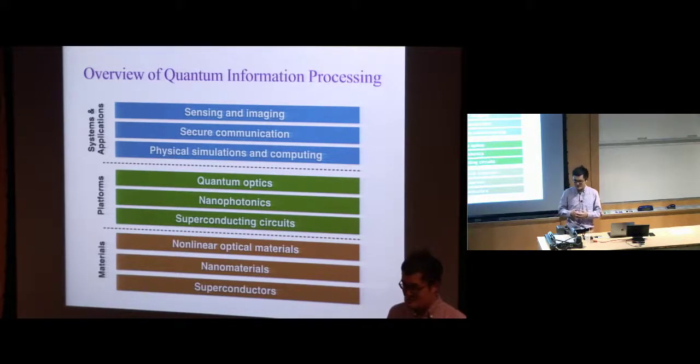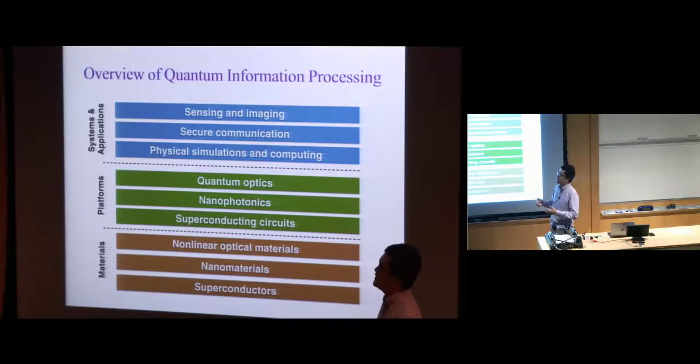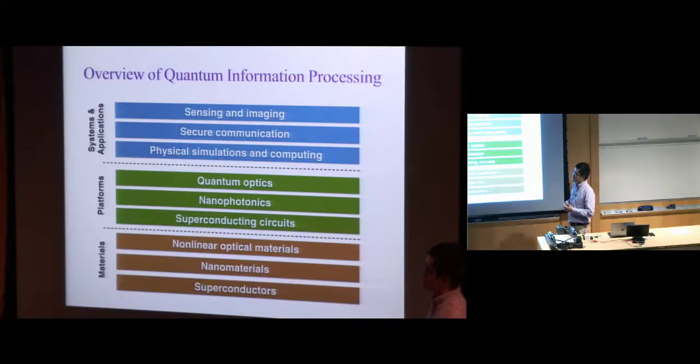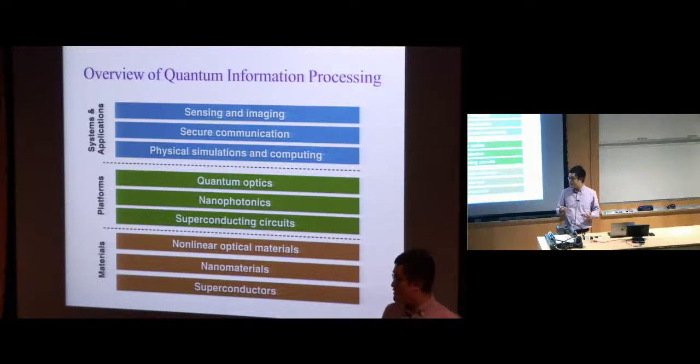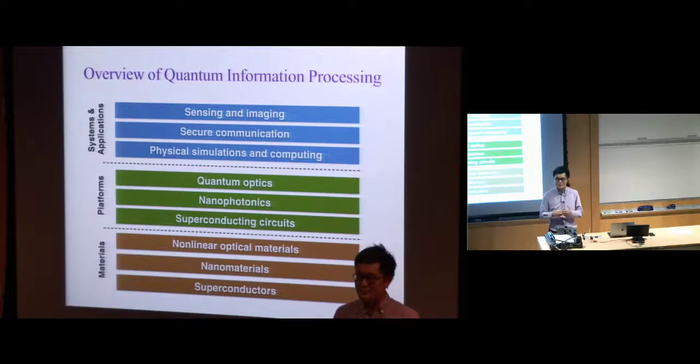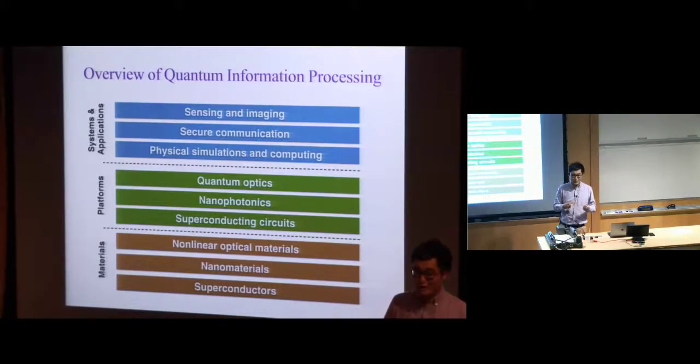Okay, but if you put this whole thing into a bigger picture, like all these classical technologies, this quantum technology can also be divided into different levels or different layers of research. So at the very fundamental level, you have this material research. You try to find either quantum materials with a bigger nonlinearity, or quantum materials with a longer coherence time to build the qubit in your quantum computer.